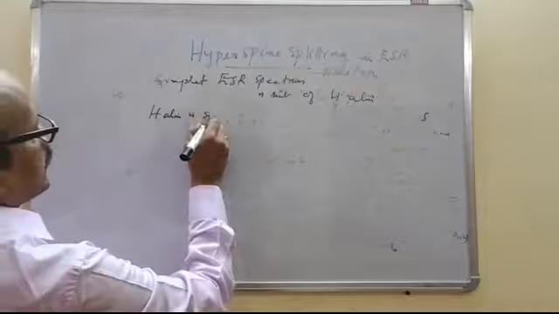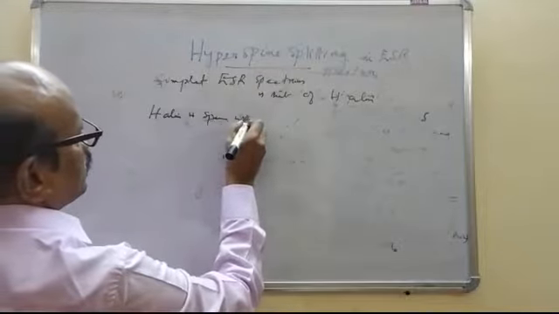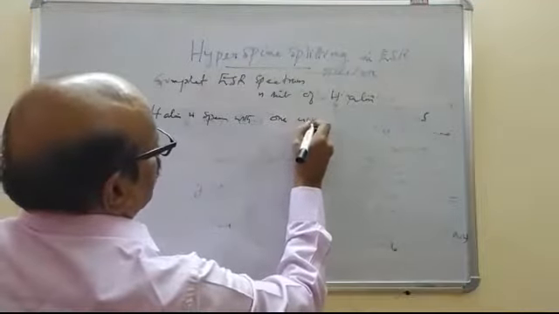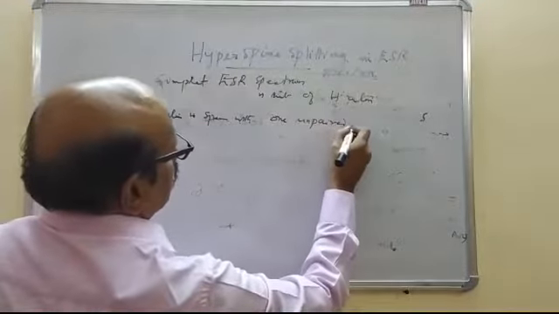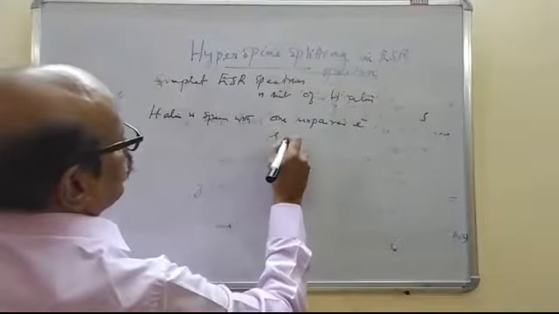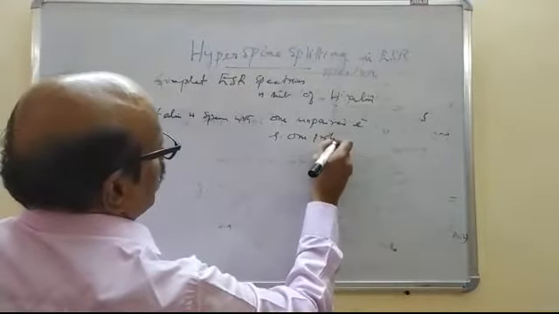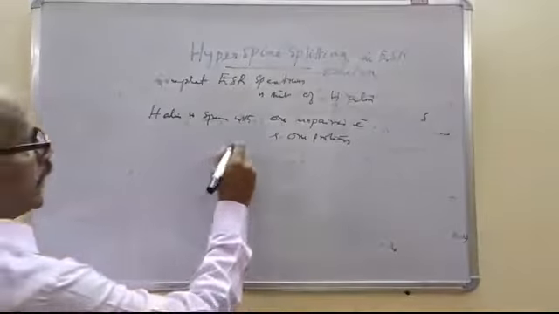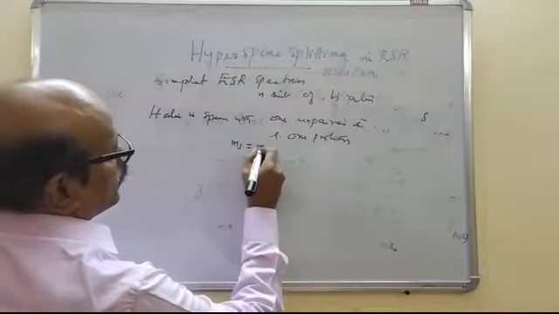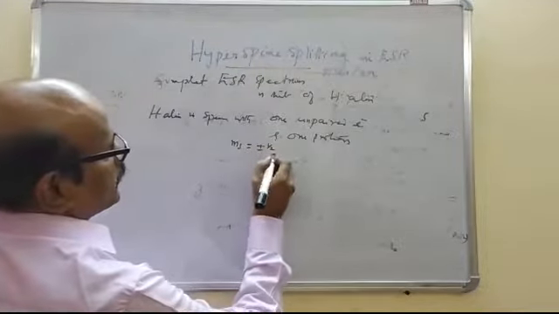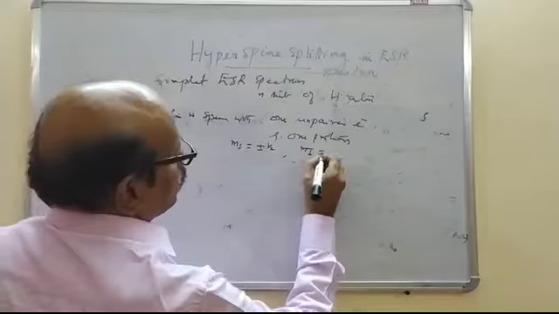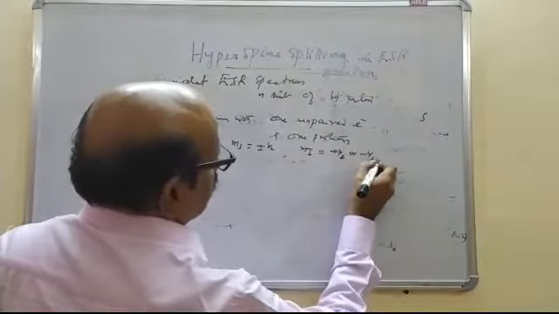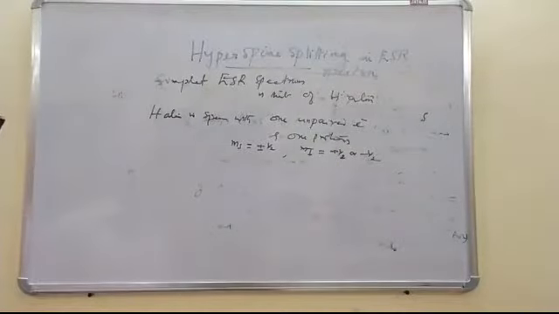So in this case we have Ms equal to plus or minus half always, and Mi equal to plus or minus half.